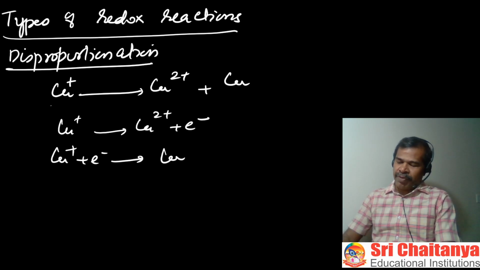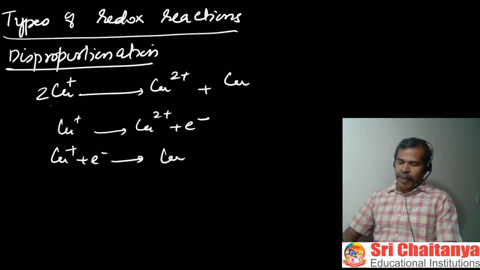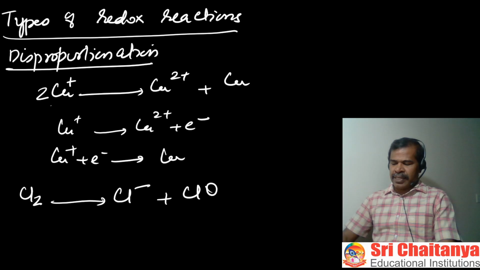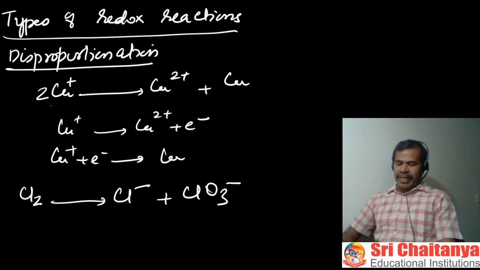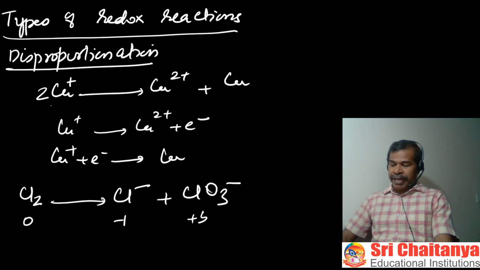If you want to balance it, you will put 2 here and the reaction is balanced. So 2 Cu+ changes to Cu2+ and Cu. Such reactions are called disproportionation reactions. Another popular example is Cl2 changing to Cl- and ClO3-, where the same molecule, the chlorine molecule, changes from its 0 oxidation state to -1, and here chlorine you can calculate to be +5.